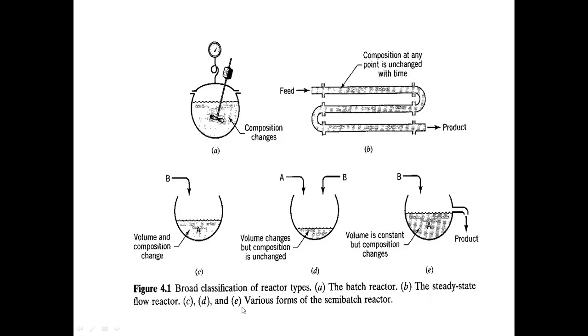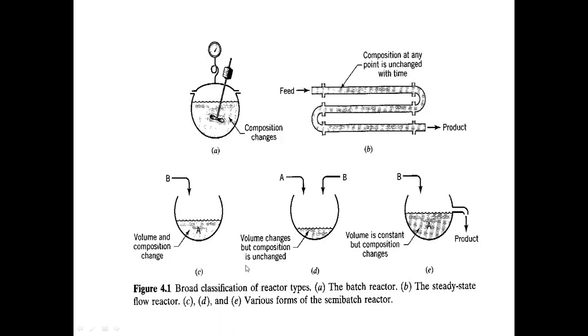Letter E is already semi-batch. It will be easier to understand the difference between the steady state and the unsteady state operation later on, when you see the animation on how mixtures react inside the steady state reactors, and how that differs from the unsteady state reactor, which the semi-batch reactor belongs to.